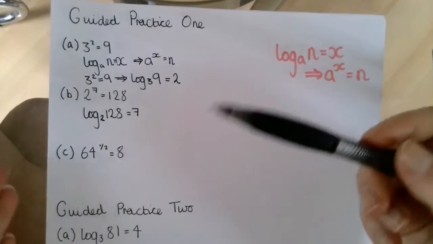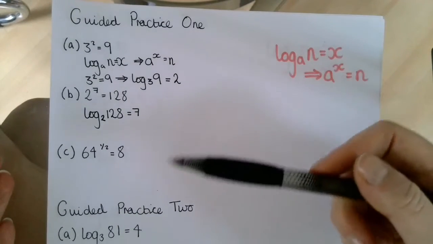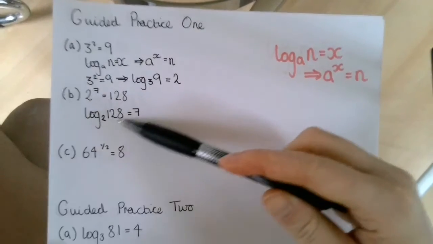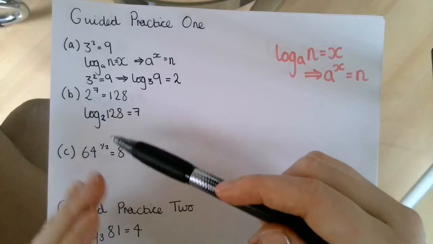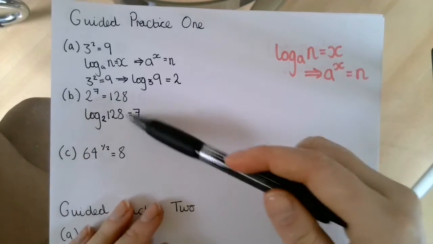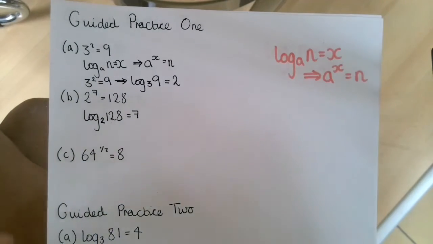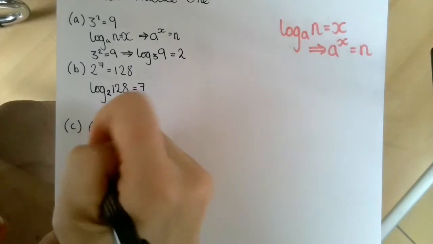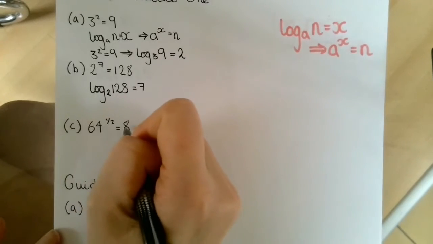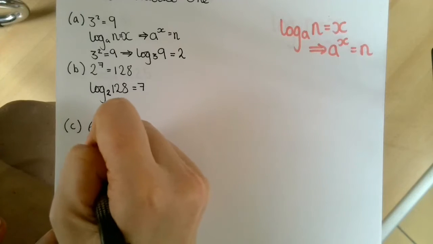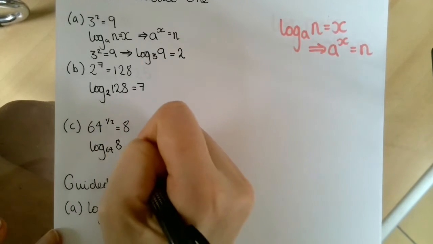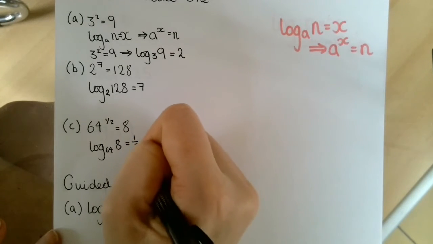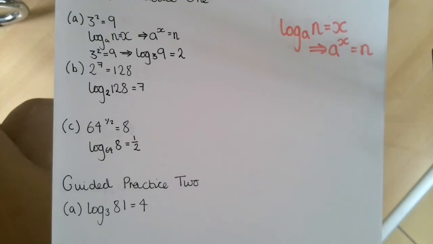So if, for example, we were given a question where it asked us what power of 2 gives you an answer of 128, in your calculator you would do log base 2 of 128 and you would get the answer of a power of 7. The last one, we've got 64 to the power of a half equals 8. So our base is 64, our answer is 8, and our power was a half. So we've got log base 64 of 8 is equal to a half.